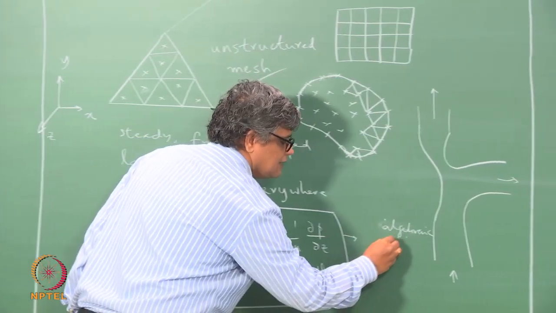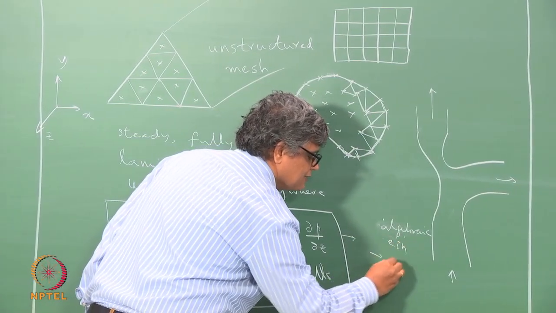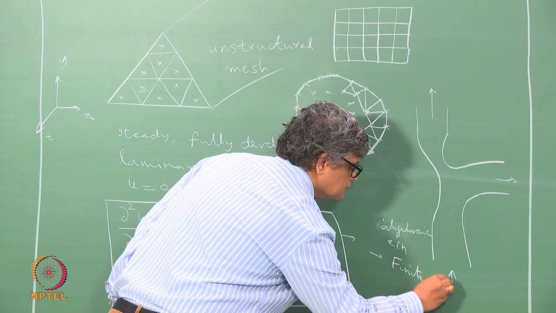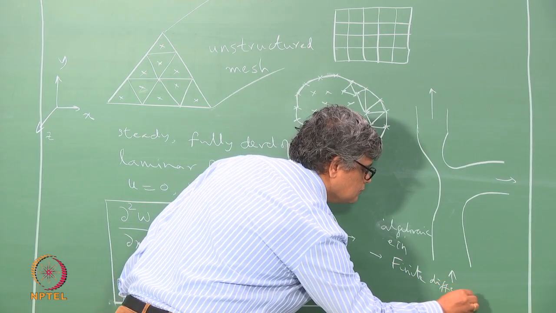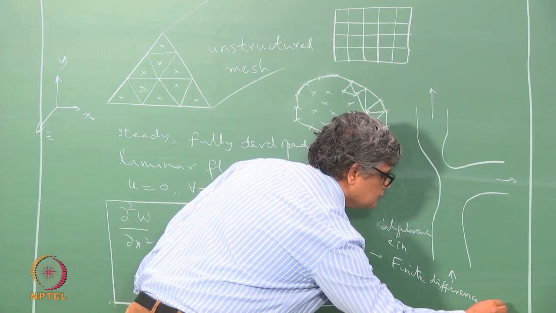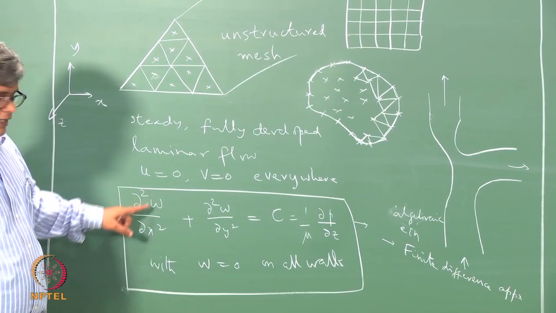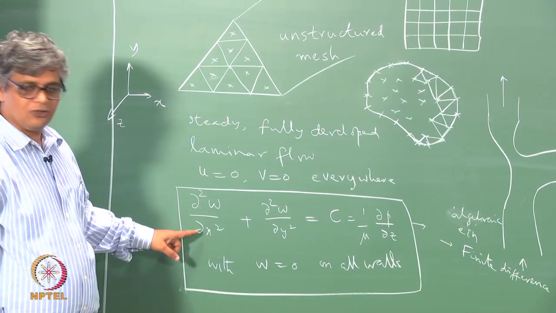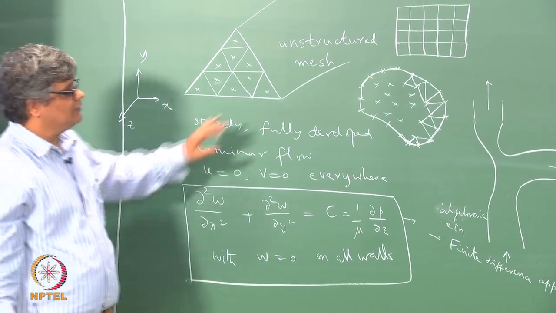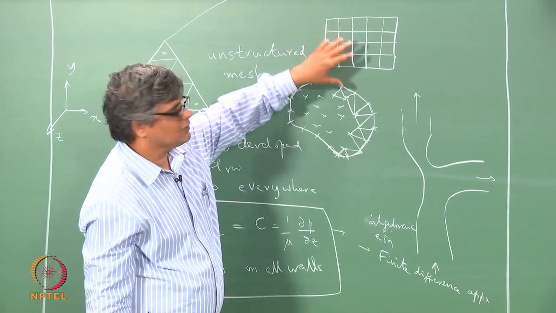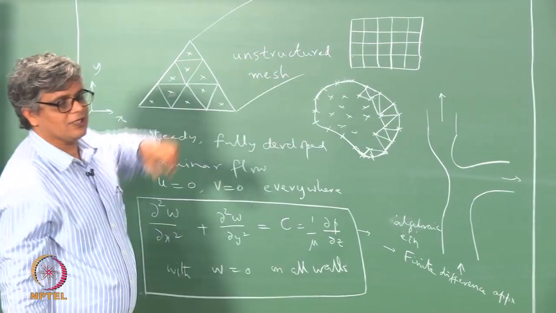we have done this using finite difference approximations, where we have substituted a formula for ∂²W/∂x², which is valid only when the grid points are along lines of constant values of the coordinate lines.